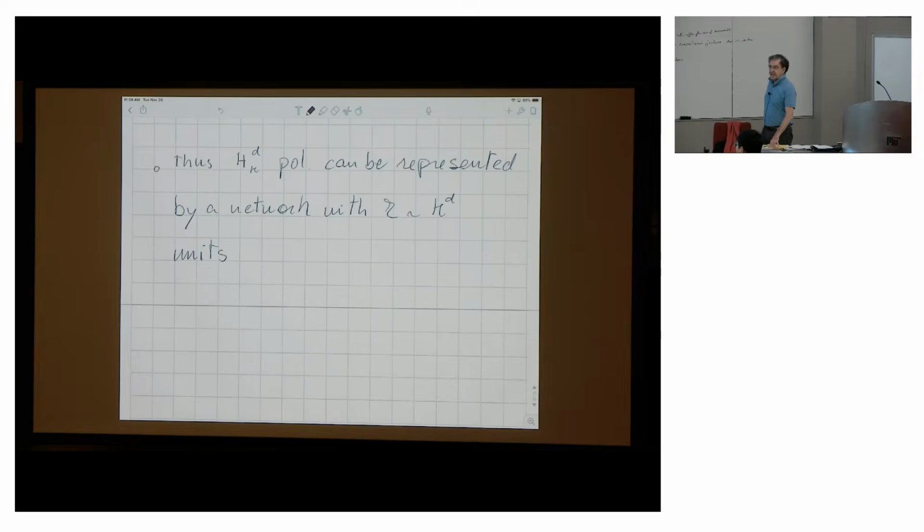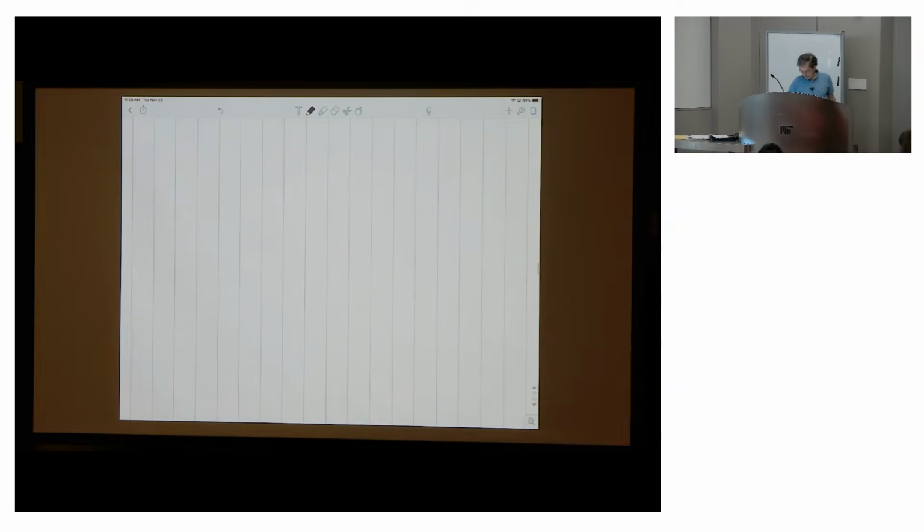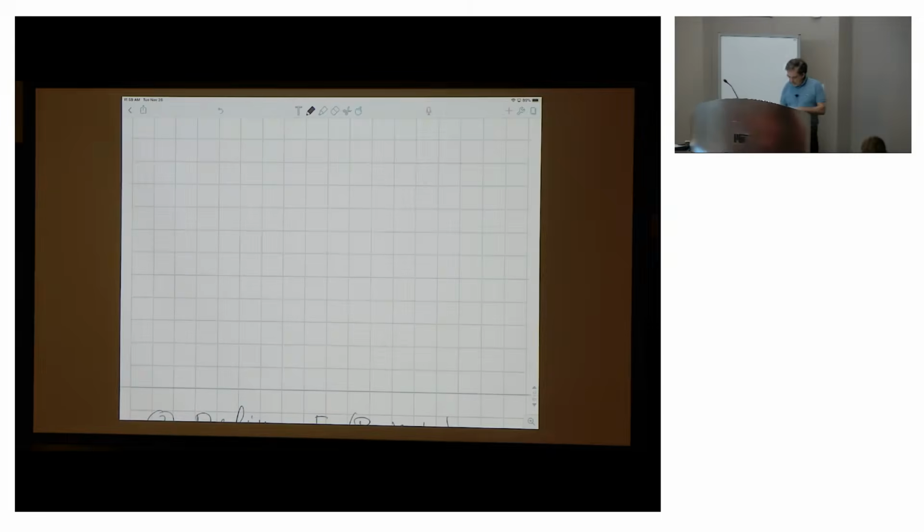This is, by the way, exact representation. A polynomial is an analytic function, as an example. Okay.